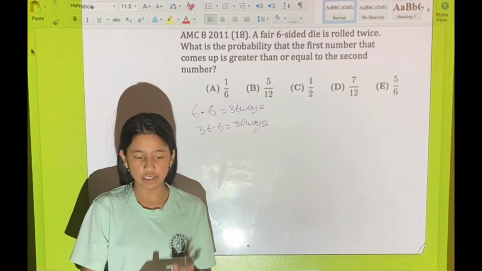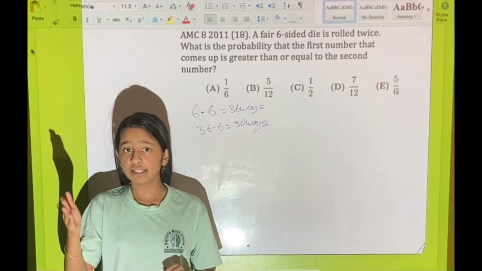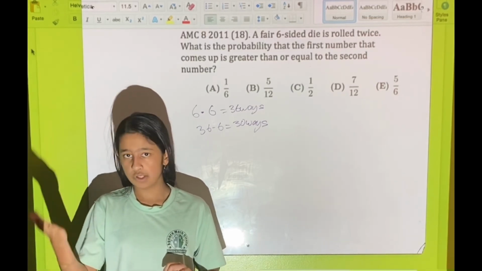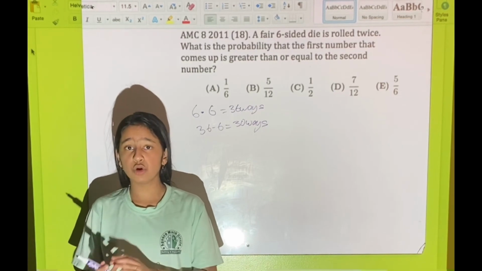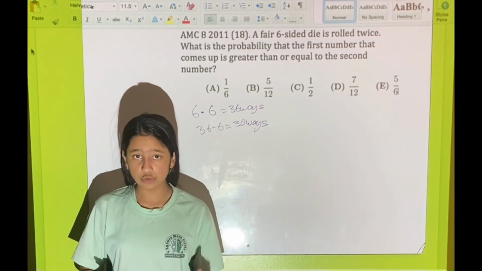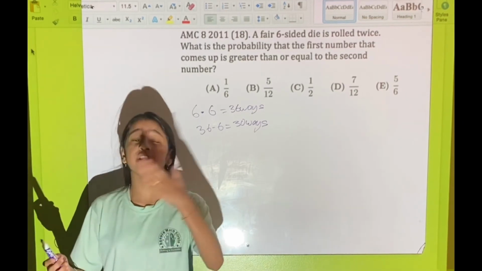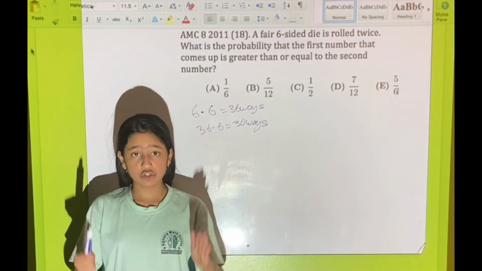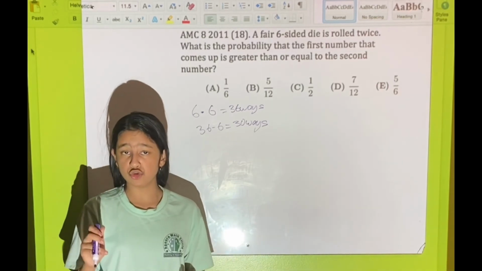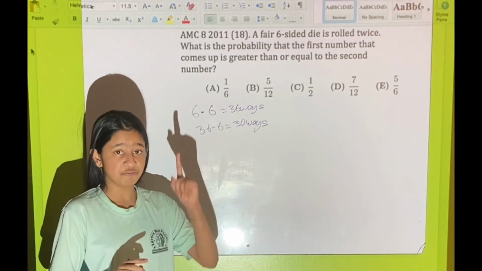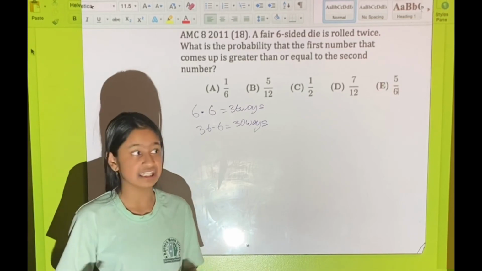So here, the number of rolls where the first die is greater than the second die is equal to the number of rolls where the second die is greater than the first die. So there's 30 divided by 2, or 15 ways that the first die can be greater than the second die.